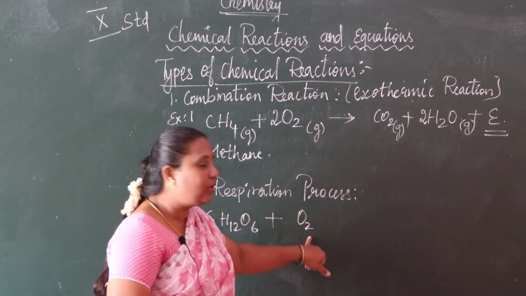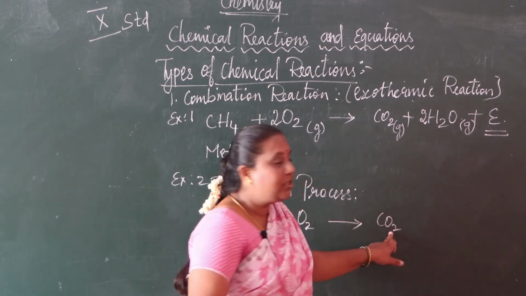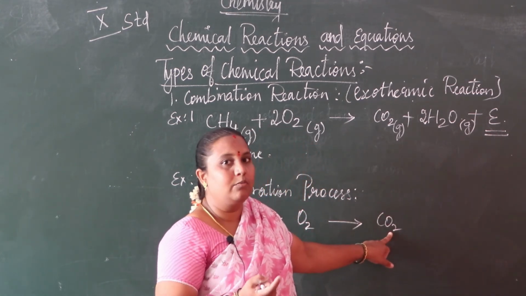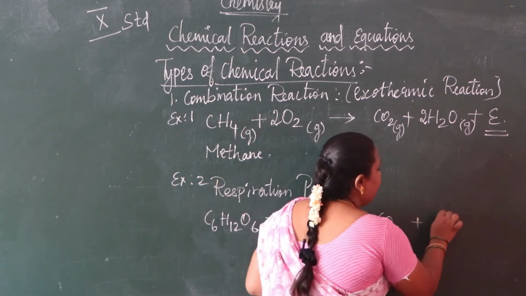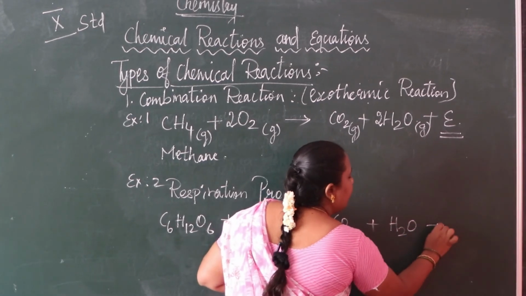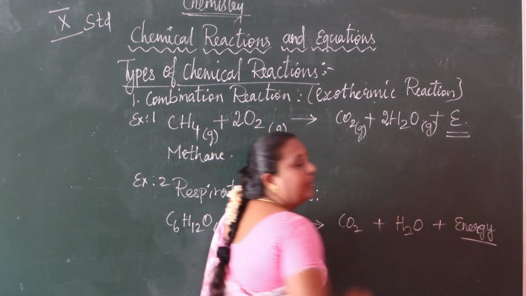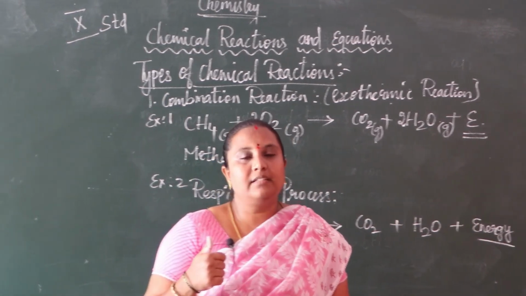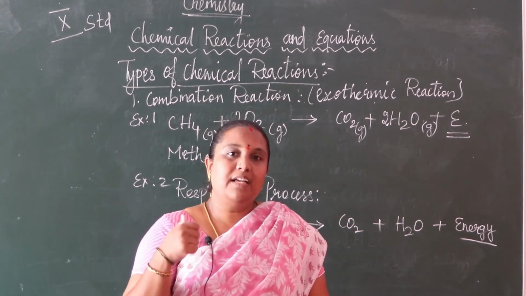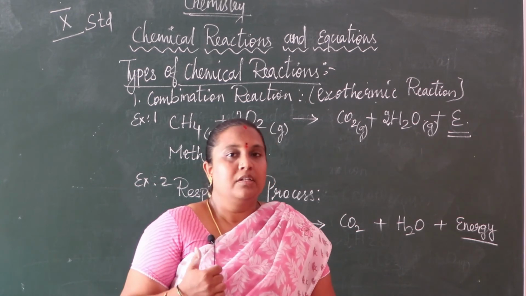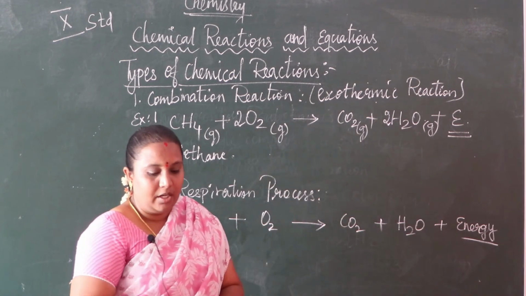The glucose reacts with oxygen and gives carbon dioxide, which we breathe out, plus water, plus energy is released. We take that energy for our body, our energetic level. So we get that energy by the respiration process. Understood?